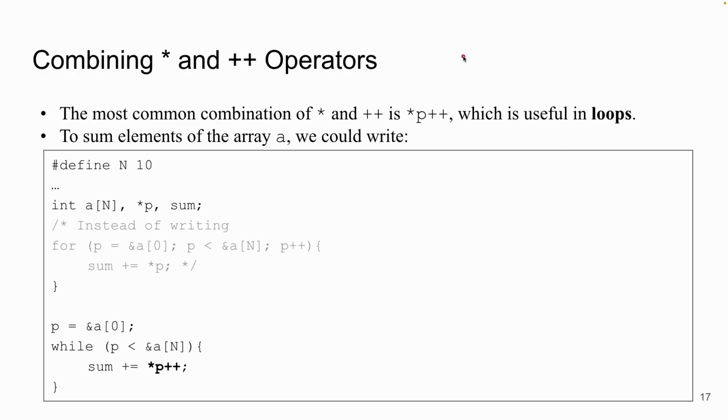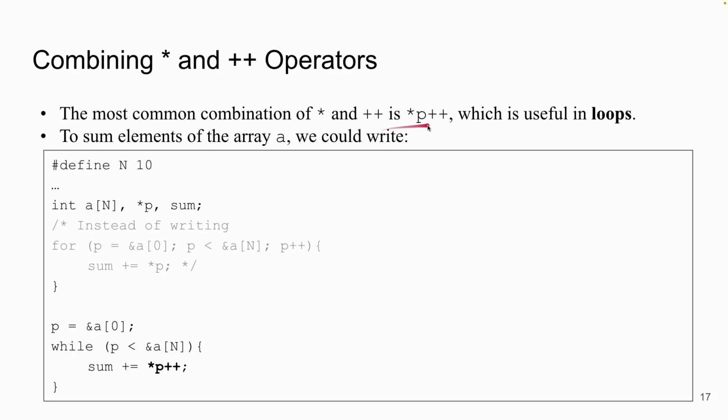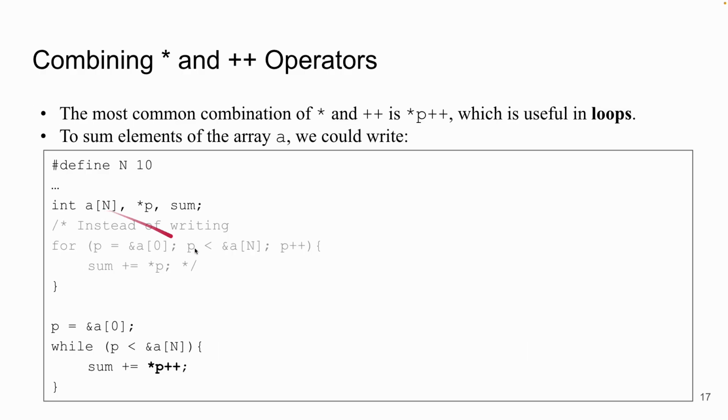Okay. But among them, one of the combinations is the most common. That is this one, star P++, and this is useful in loops. So if you're going to choose one to remember, you just choose the first one, because if we write a loop that uses a pointer variable to traverse the array, this is really handy.